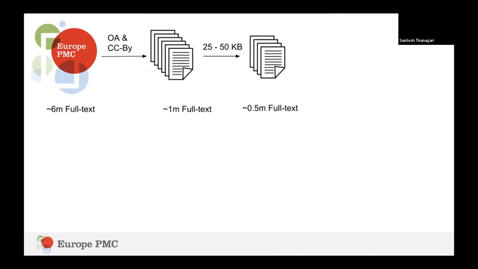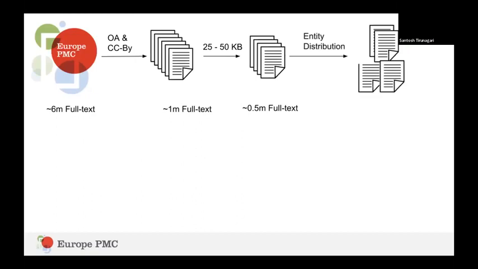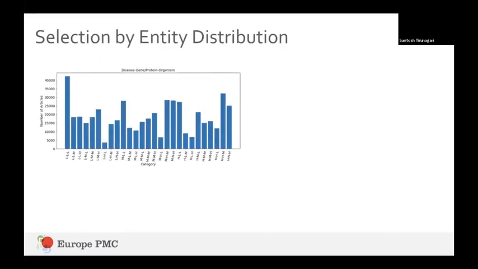Again, we had to come up with several strategies to select the final subset. That's where we came up with the binning approach. We did an entity-based distribution and then selected articles in such a way that we have representations from low, low, low until high, high, high.